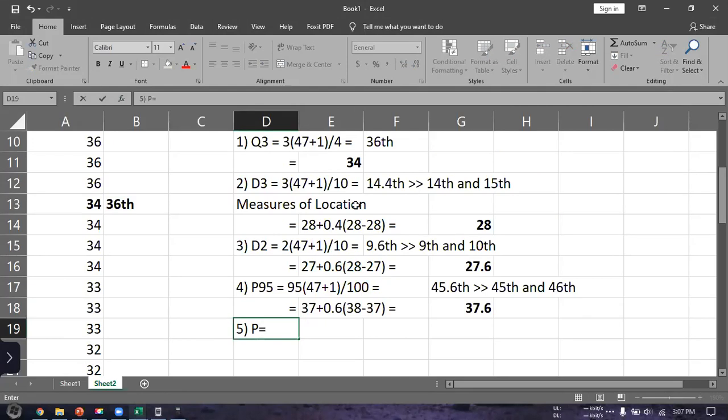Masyadong malapit kay 95 to. Sige. Yan, gusto nyo 87. Okay, look for the 87th percentile.